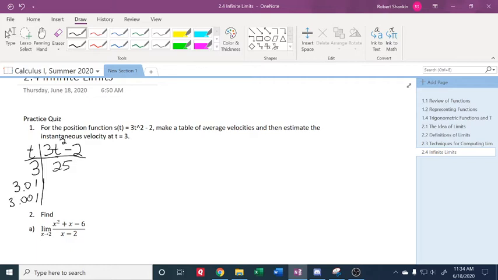Hang on a second. Squared times 3 minus 2.